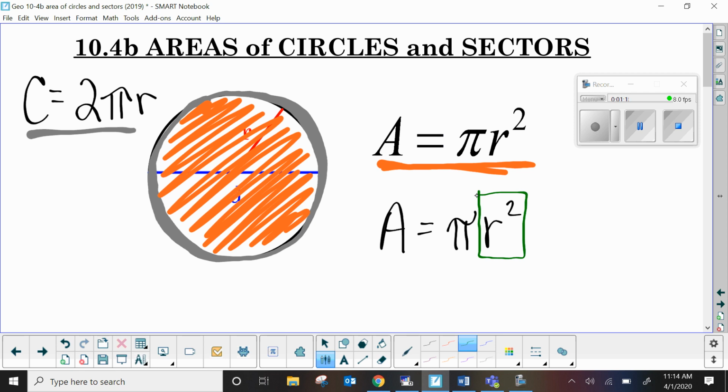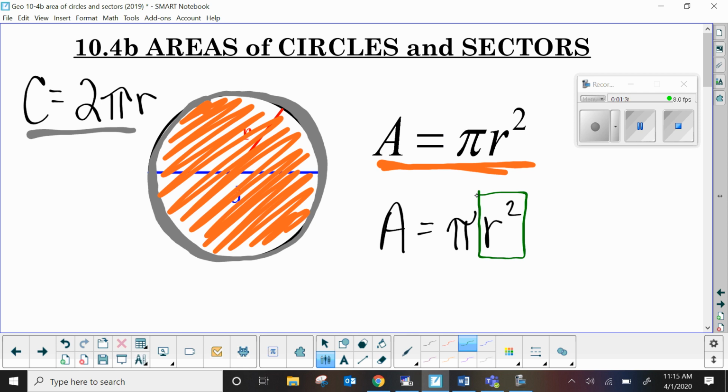If you leave your answer in terms of pi, we are not going to multiply the pi; we will leave the pi there. If the question asks you to round to the nearest tenth, then you multiply by 3.14, or you could use the pi button in the calculator. Both of those answers would be acceptable.